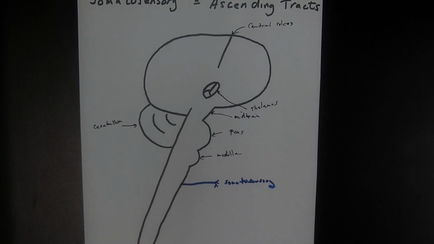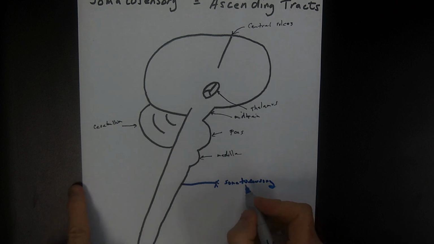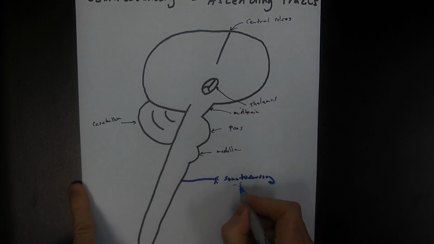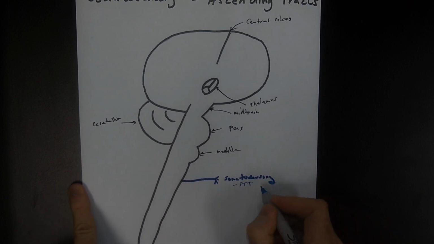We talked previously about two different tracts that were responsible for carrying somatosensory information up to the central nervous system. Does anybody remember those? It's been a while. Well, we talked about it a long time ago. One is the spinothalamic tract, or STT.